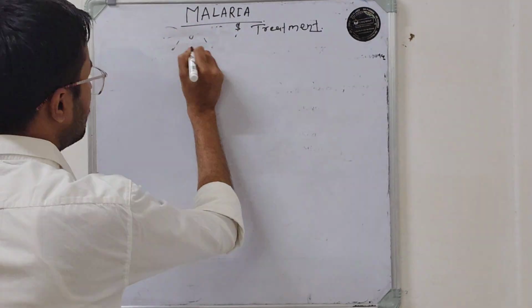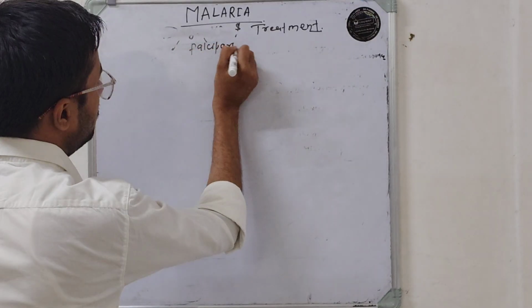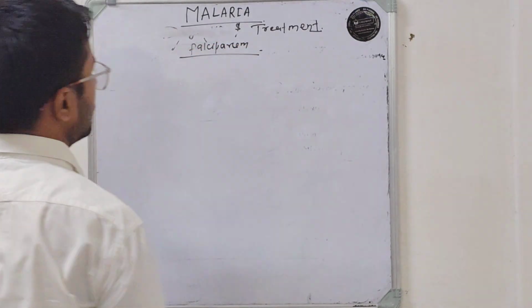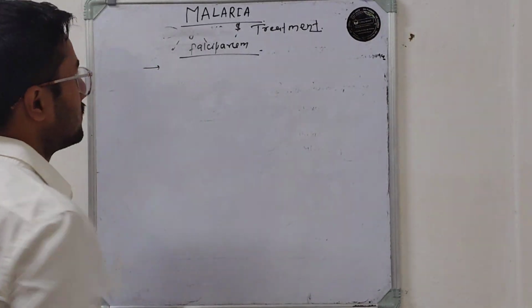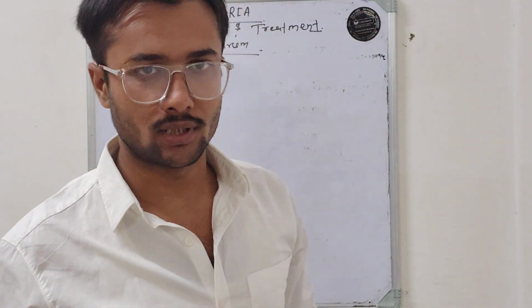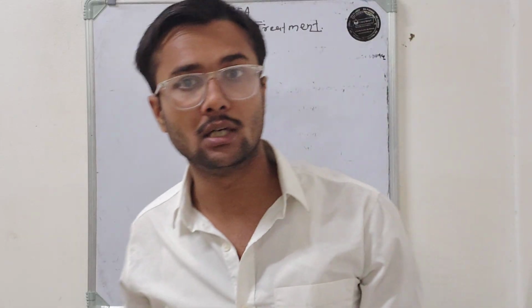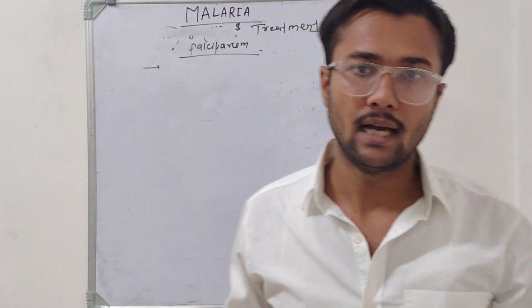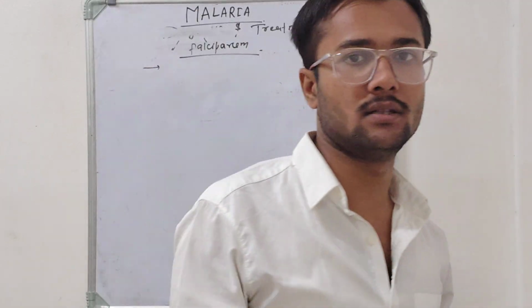Now we start the falciparum. Okay, so let's see what the guidelines are for the treatment of falciparum malaria. There are two different guidelines for the treatment of falciparum malaria. One is applicable only for the northeastern states, and the other is applicable for states other than the northeastern states.